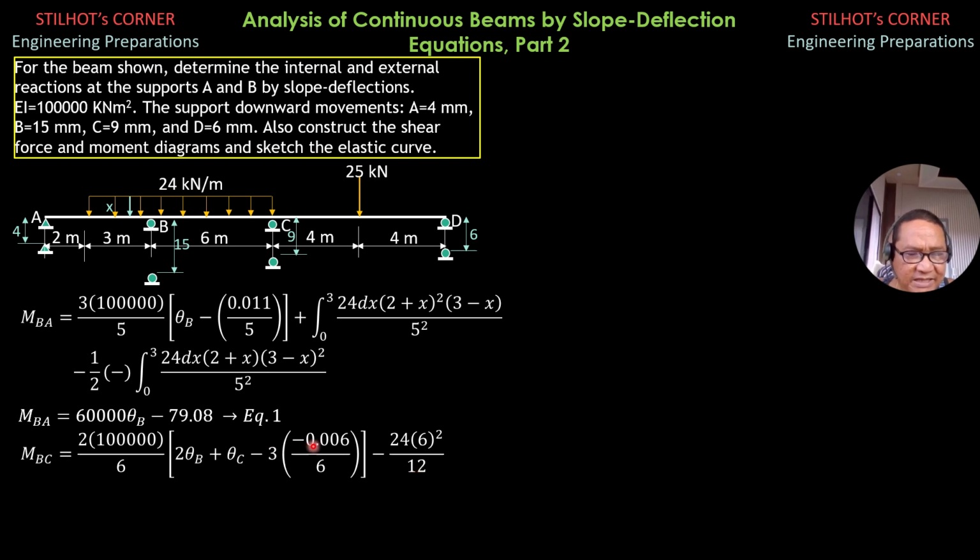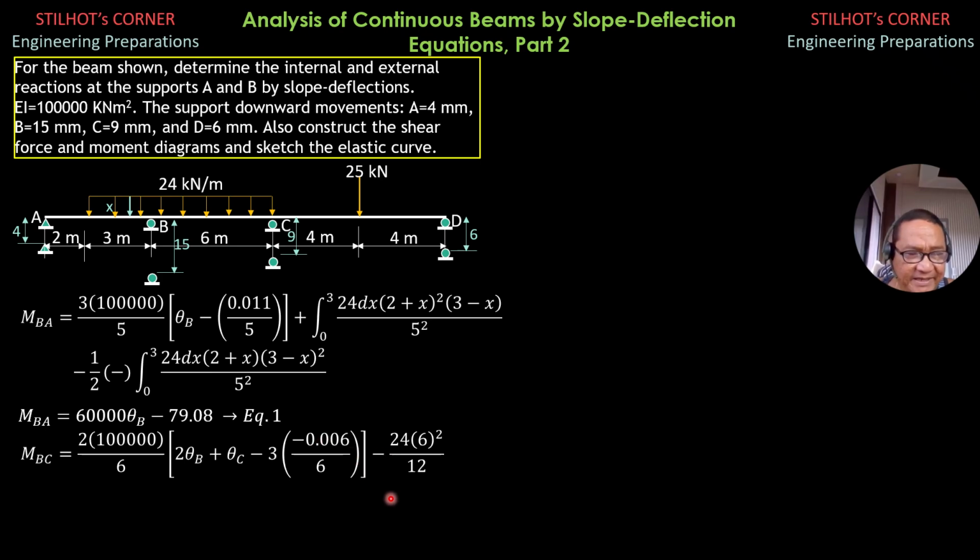Now this is negative 6 mm because the final displacement of the supports is 15 minus 9, 6 mm. And this is treated negative because the chord joining BC is rotating counterclockwise. So remember, clockwise rotation is positive. So that's why it is negative.